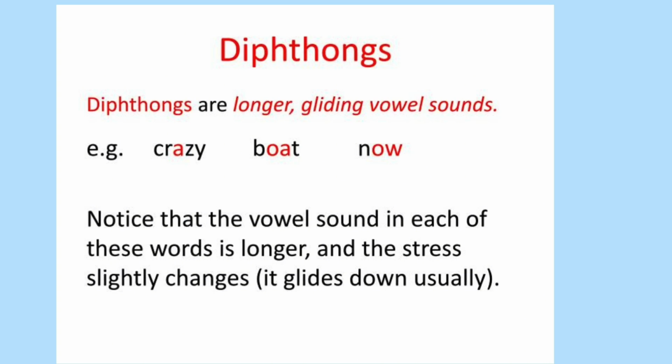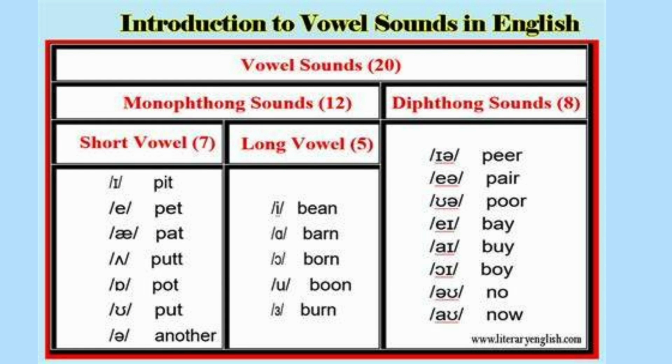It goes like ay; it's sustained for a longer time and the sound changes. In boat, the o and a together, two letters together, form the sound oh. And in now, n-o-w, we pronounce it as ow. Notice that the vowel sound in each of these words is longer. Looking at these words, we have short vowels and long vowels.